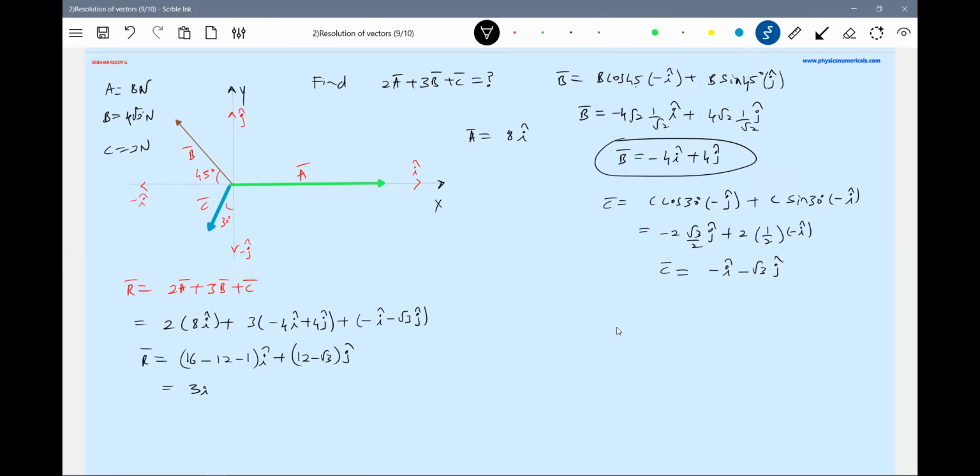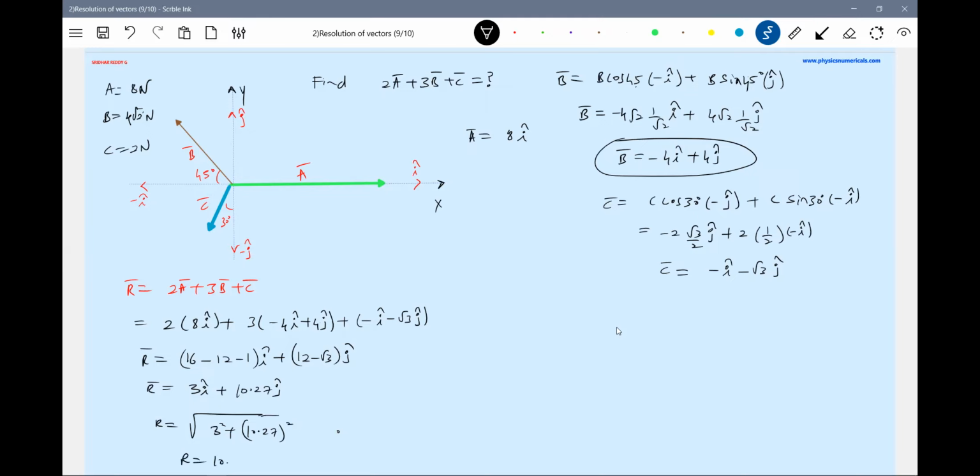This will be 3 I cap. 12 minus root 3, root 3 is 1.7, so 10.27. This is R bar. Okay, we wanted the magnitude also. Let's see that. And what about the angle also? So the magnitude is given by, so this will become 10.7 Newton, the final value.